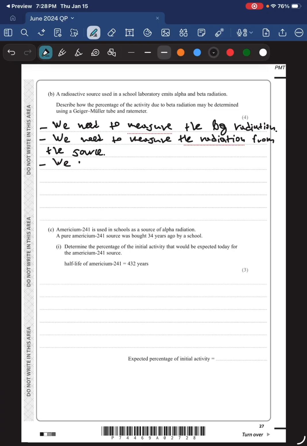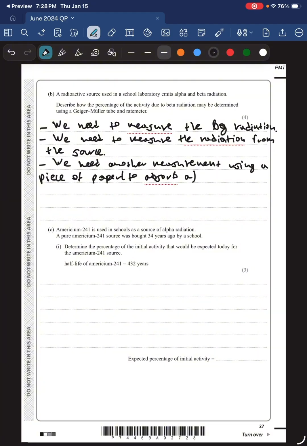Then we need another measurement using a piece of paper to absorb the alphas, which will yield the beta radiation rate.